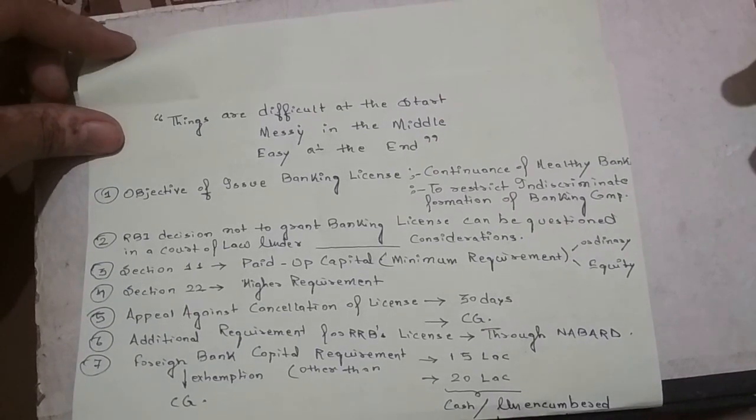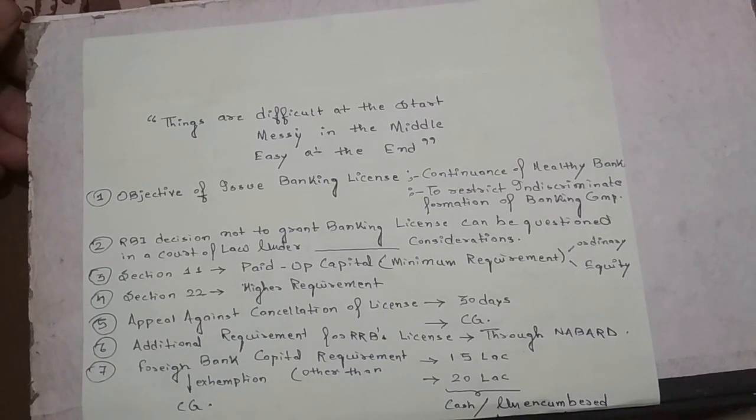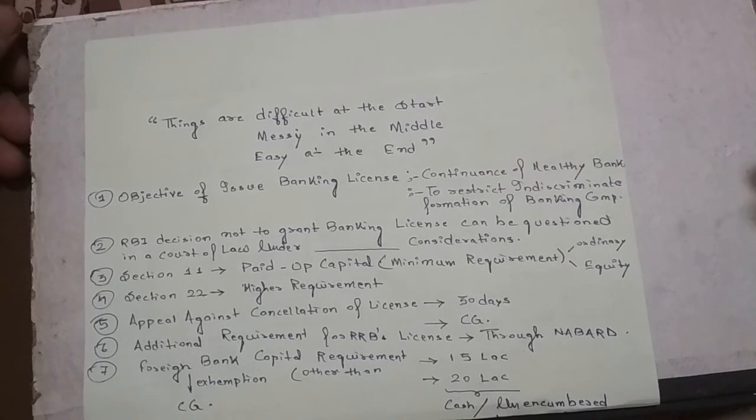The first question is the objective of issuing a banking license. What is the objective behind issuing the banking license, and what is the need for it? There are two main purposes, which I have already mentioned: continuance of healthy banks, so only healthy banks will be allowed to run in the Indian scenario, and restricting the indiscriminate formation of banking companies.